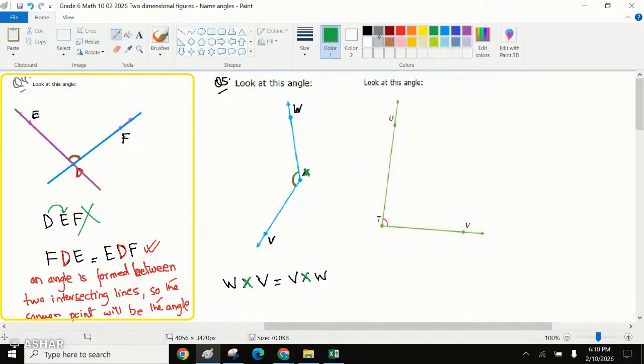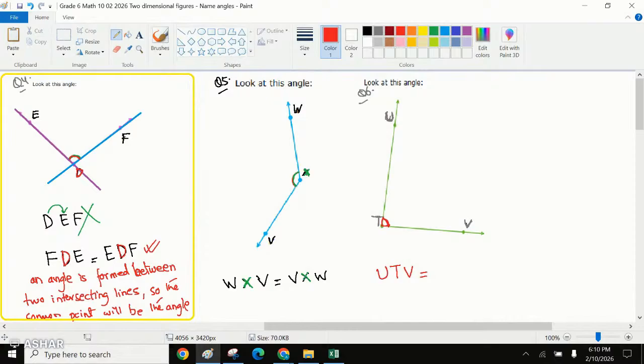For question number 6, it says if we have the alphabets U, T, and V. So the vertex that is required, the angle that is required, is T. So we can write U, T, V.